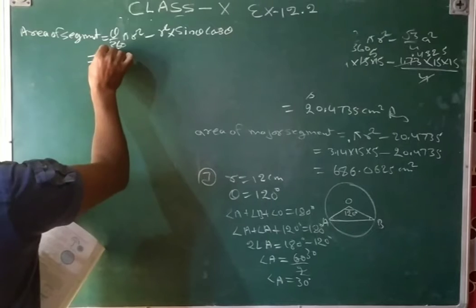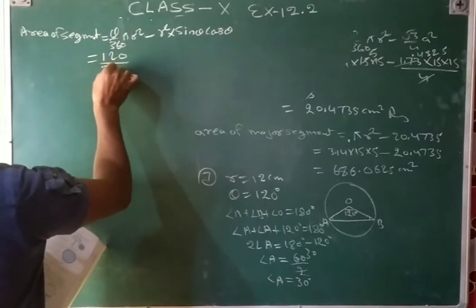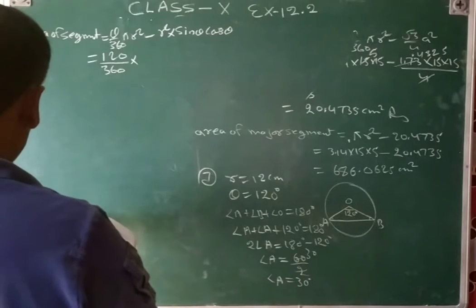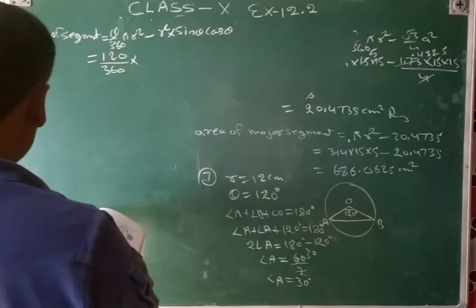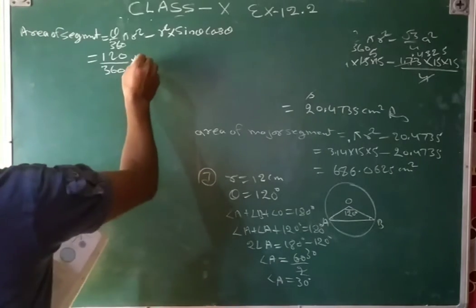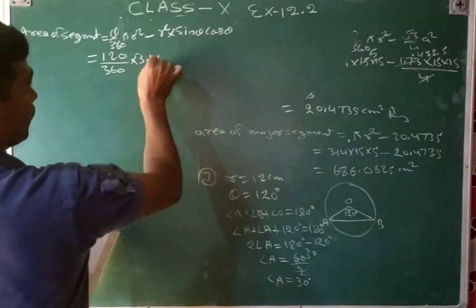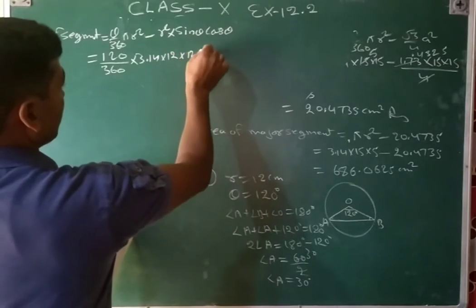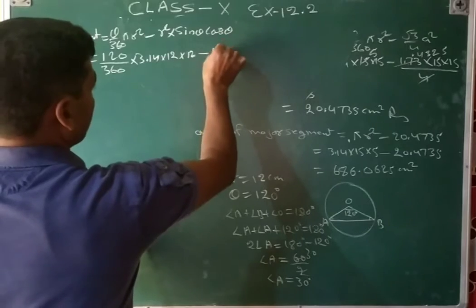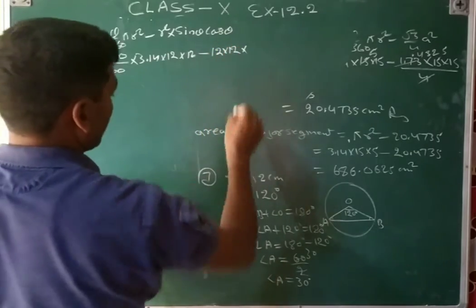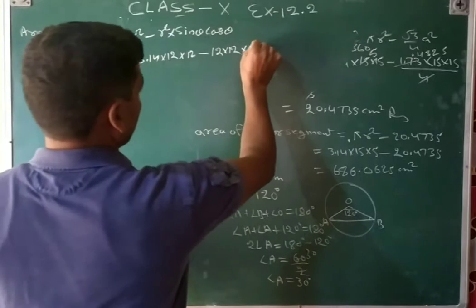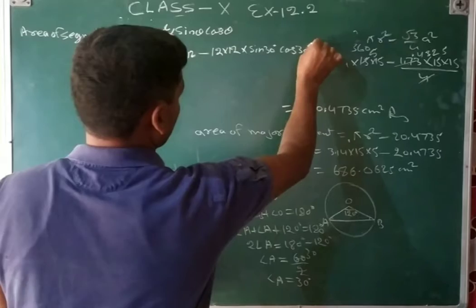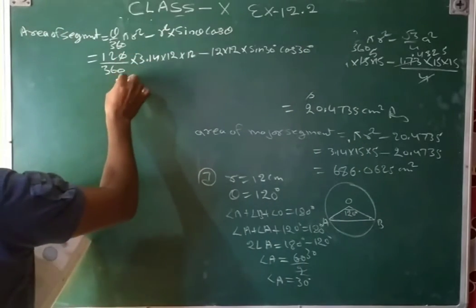So theta is 120 upon 360 into pi value, in 7th question that is given 3.14, and then radius is equal to 12 into 12 minus 12 into 12 multiply sin 30 degree cos 30 degree.